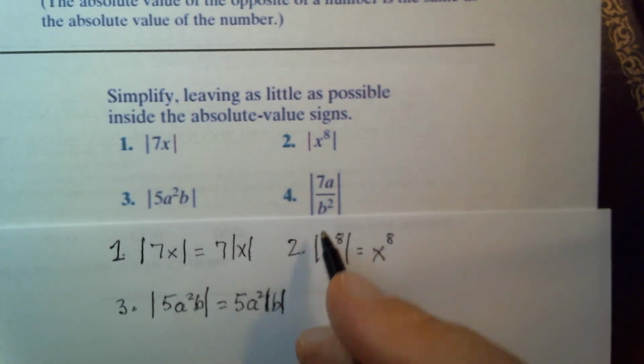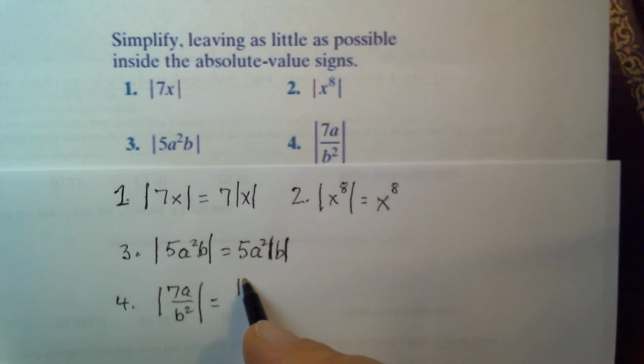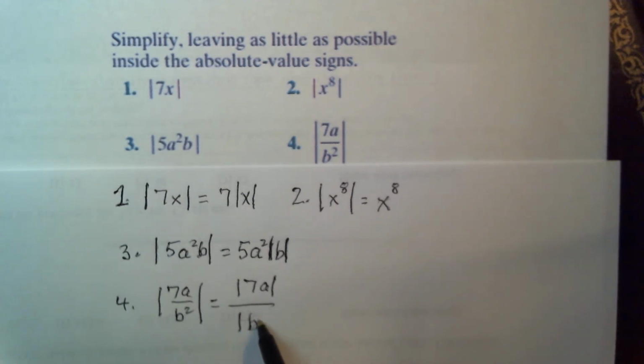Then for number 4, we have the absolute value of 7a divided by b squared. First of all, we know that that's equal to the absolute value of 7a divided by the absolute value of b squared.